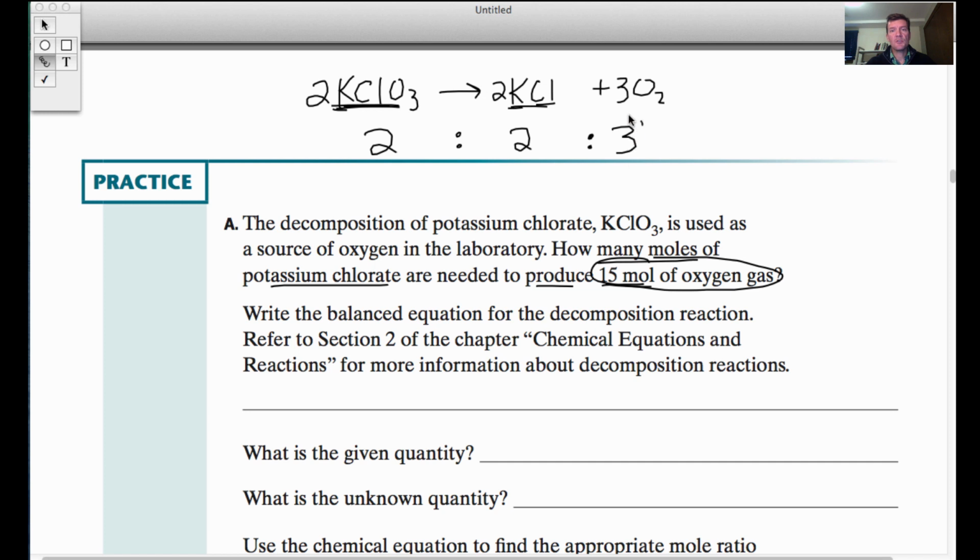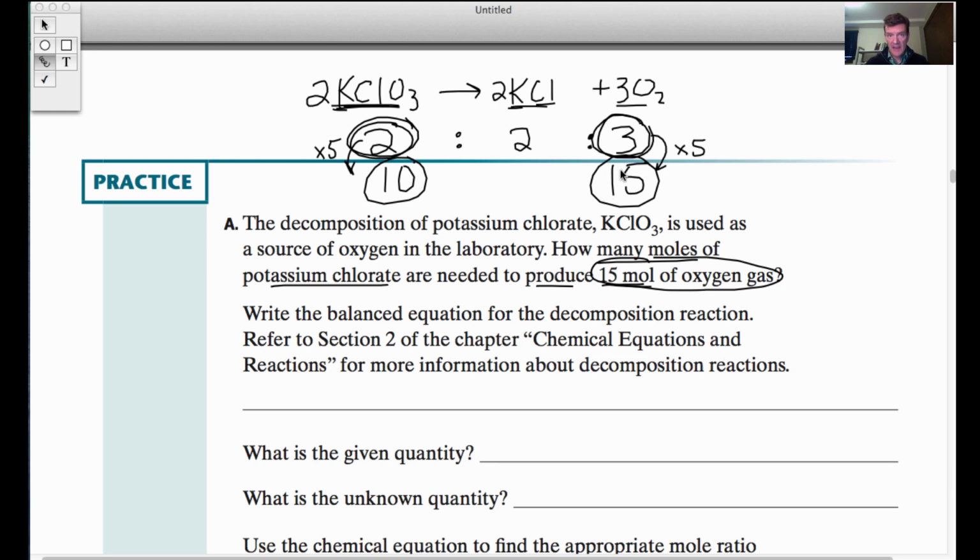Well, to produce 3 moles of oxygen, I needed 2 moles of the potassium chlorate. Now I'm asking, well, what about 15? And you should be able to see that's 5 times as much. So I'm going to need 5 times as much of the potassium chlorate. So it's got to be a 10, because it has to stay in the same ratio of 2 to 3. 10 to 15 is a 2 to 3 ratio.